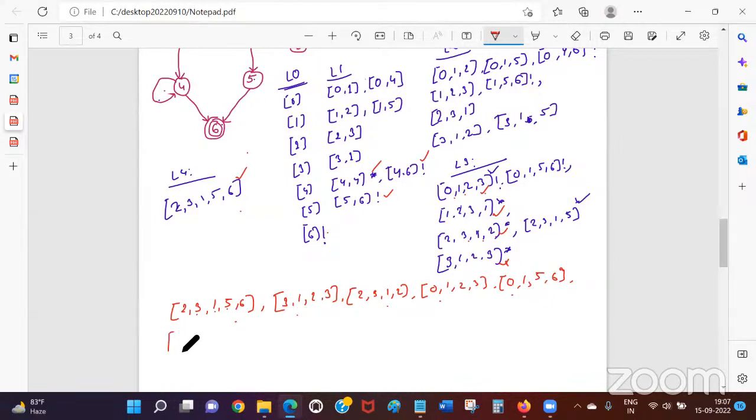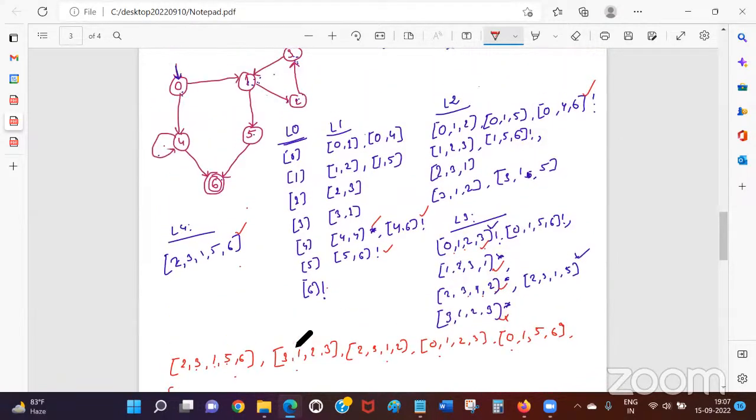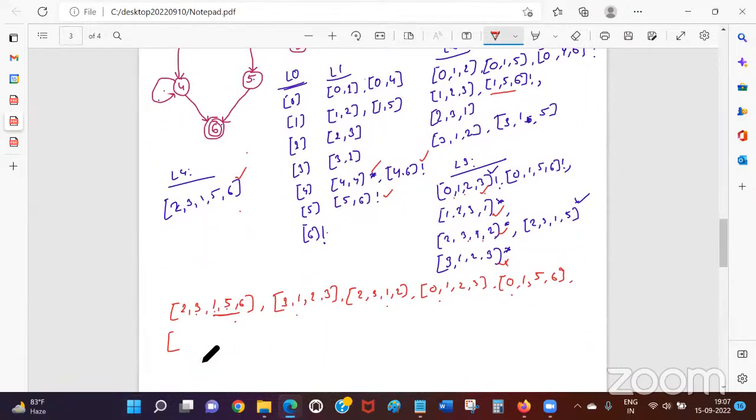Let us find out still if we have more. Now with length 2, what we have with an exclamation mark is 1, 5, 6. 1, 5, 6 already is a subpath over here, so we don't have to take it separately. 0, 4, 6. Is it a path somewhere? No. So I need to consider 0, 4, 6.